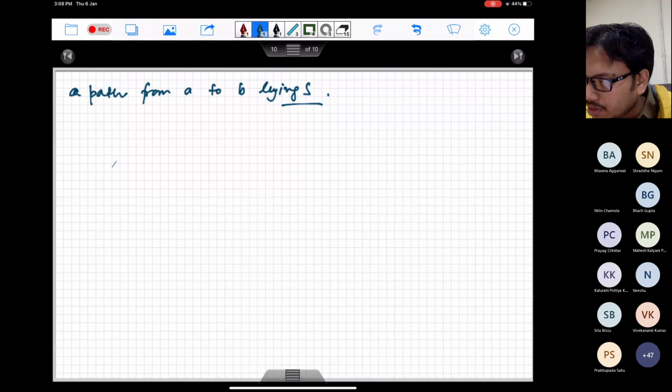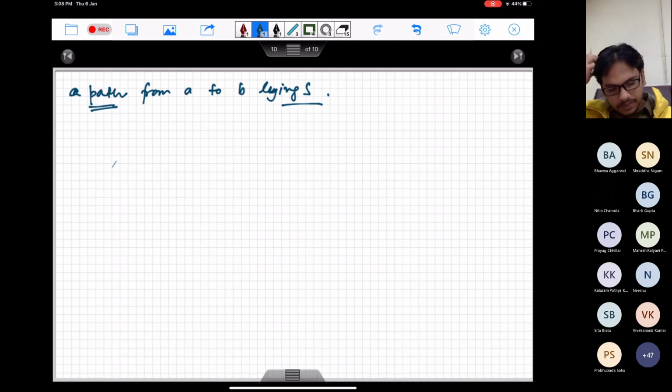Of course now you will ask me what is the meaning of a path. I will tell you, but first let us try to understand the definition of path connectedness. Path connectedness means you have a set, and no matter which 2 points you take, you will always have a path to go from one point to another point.